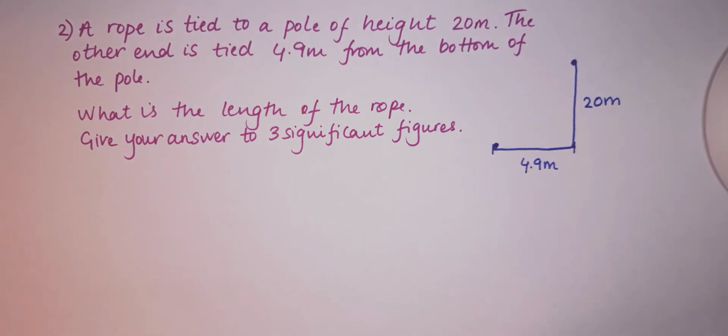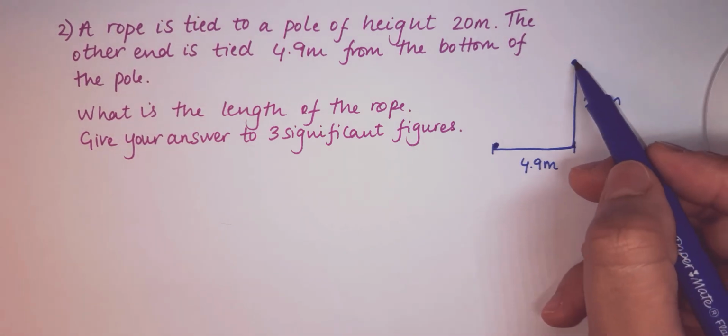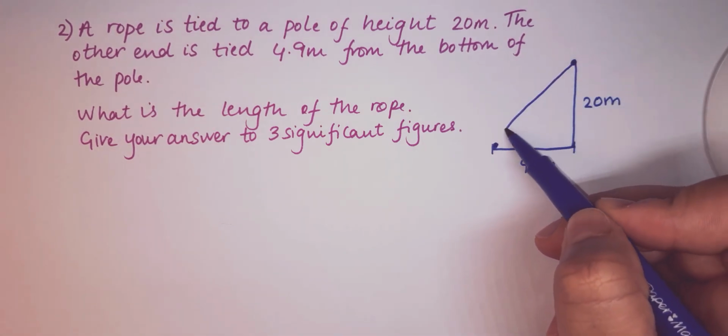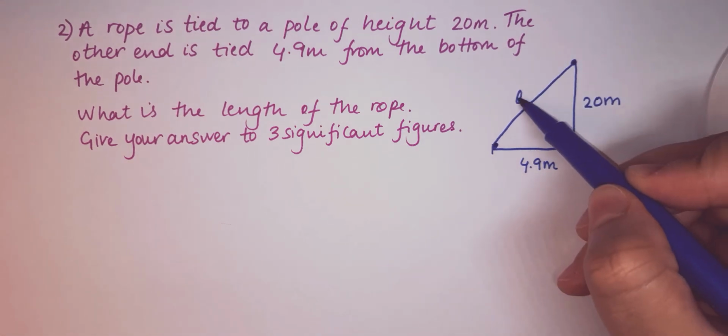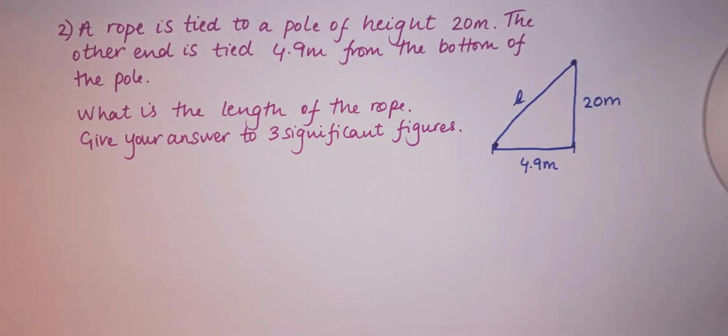And what's the question asking us to do? Find out the length of the rope. Now we're getting somewhere. So we can see that if this is the rope and we need to find the length of it, it's very simple for us, because now we've got a triangle. See, now look, the question is a hidden triangle.